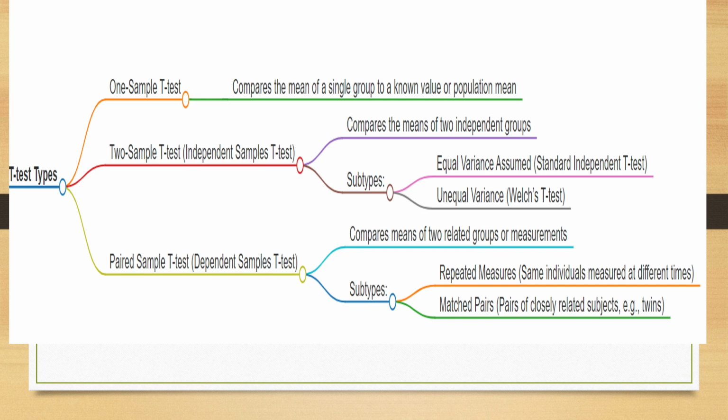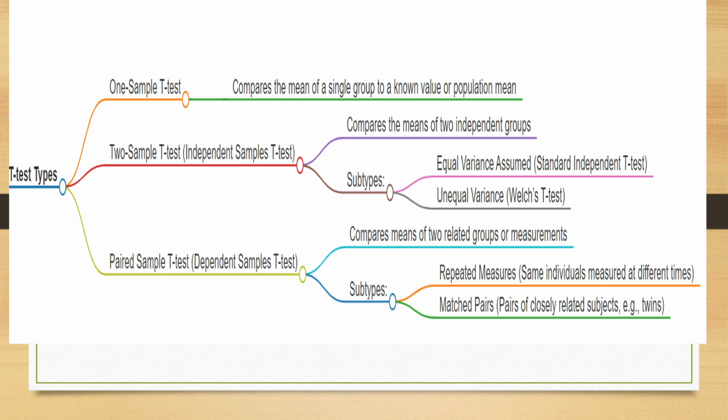Now you will collect data from the sample, and you will have a single group. From the single group mean and the population mean, you will compare against that benchmark. In this situation we can use the one sample t-test.